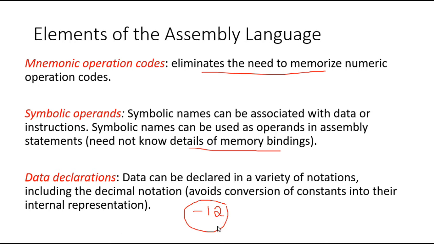Then you have to find the value for 12, and it was so hectic. Or just imagine you just want to print the word 14.5, and it becomes all the more difficult when you do that in the machine code. But the assembly language provides us the ability to represent this directly in the decimal notation.